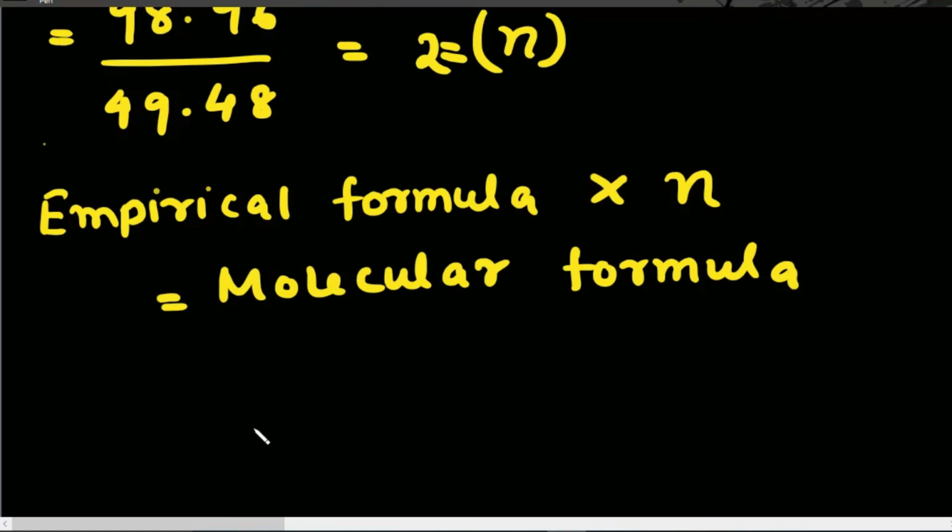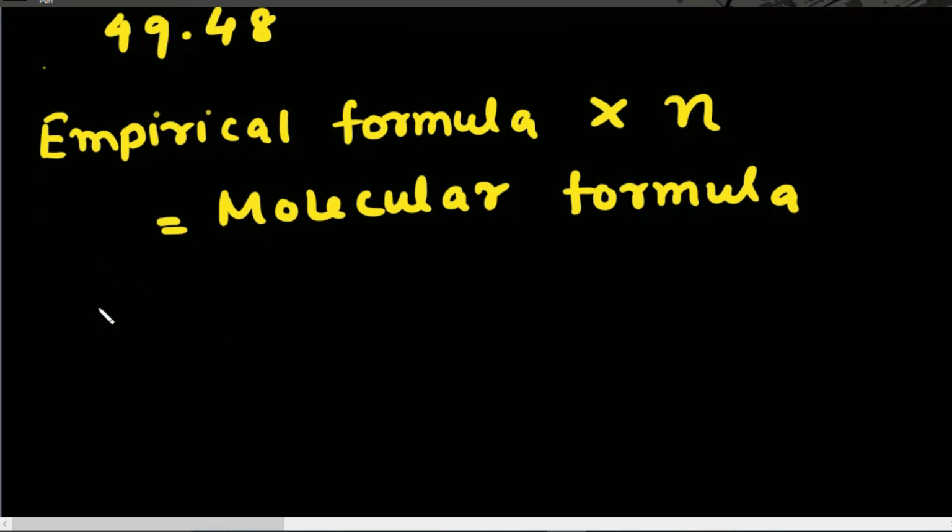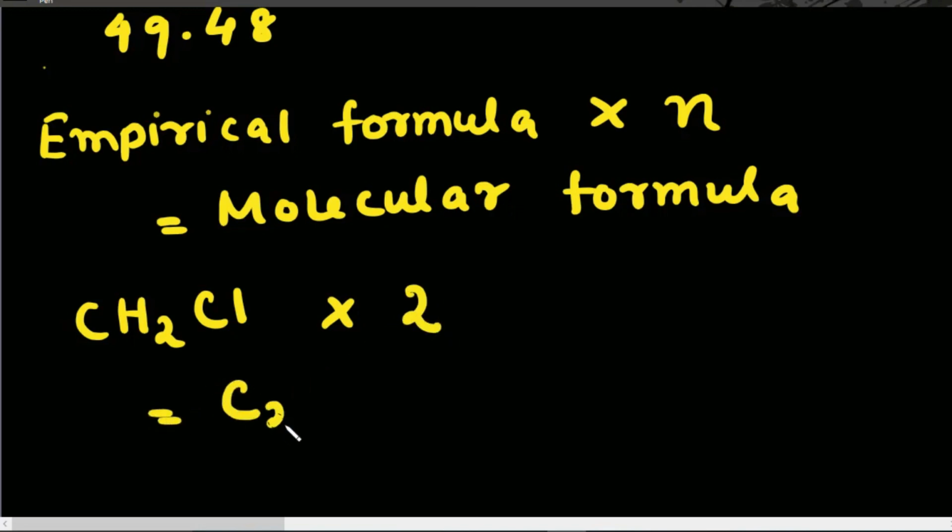For the empirical formula CH2Cl and for n value 2, we get the molecular formula as C2H4Cl2. Thus, this is the molecular formula of the compound.